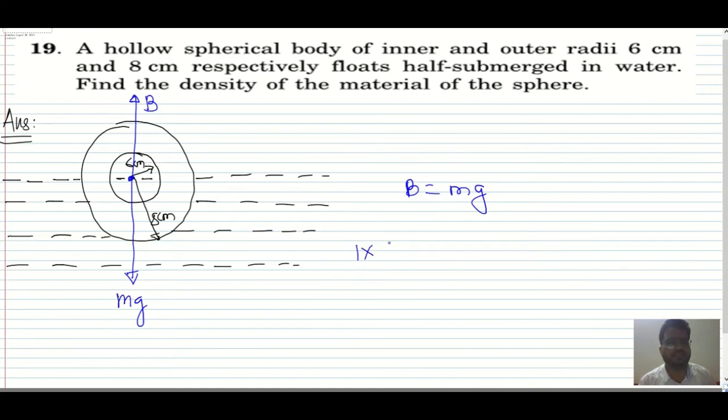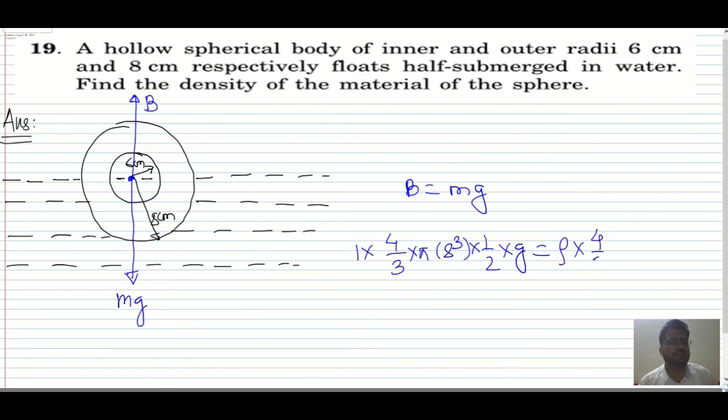Volume displaced we can write as 4 by 3 pi r cube, that is 8 cube, into 1 by 2, because half of this is submerged, into g, is equal to mass of this, which is density of this material into volume.